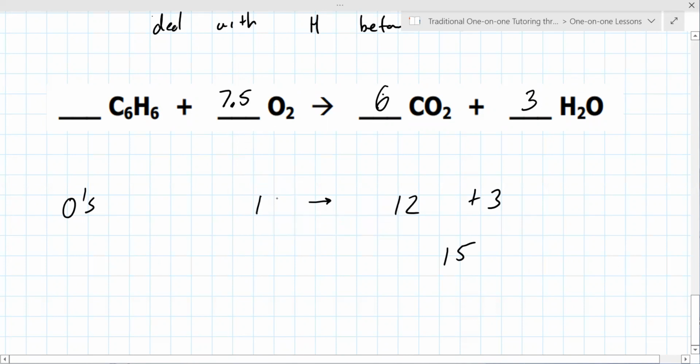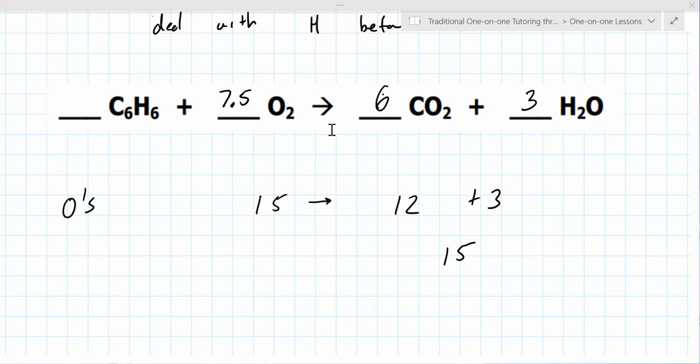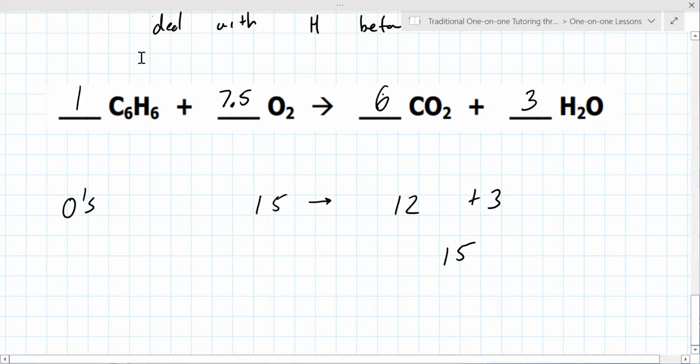Yeah. It is. But the rules are you can't have a decimal in there. So if this were a math problem, I would tell you to get rid of the fractions by doubling, and you can do that.